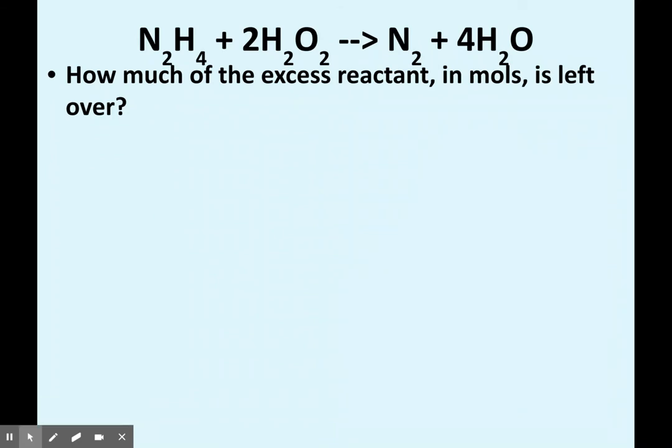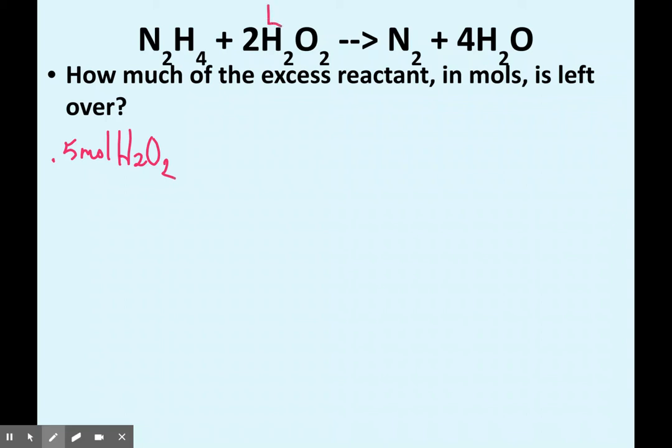Now, this is a continuation off of the last one. How much excess reactant in moles is left over? Well, we determined in the last problem that the 0.5 moles of H2O2 was my limiting reactant.